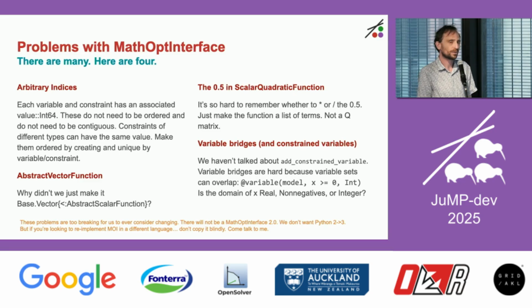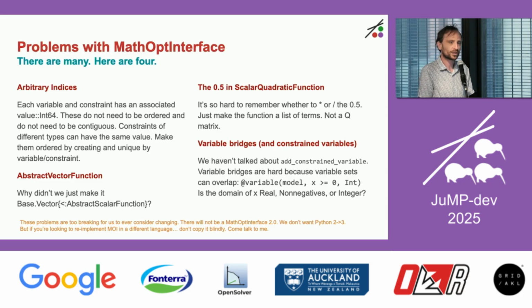The same with constraints. Every constraint within a specific function and set type must have a unique index. So the first scalar affine equal-to constraint could be 1, but equally the first scalar affine less-than constraint could also have the index 1. So we only care about uniqueness within a constraint type, not across all constraint types.